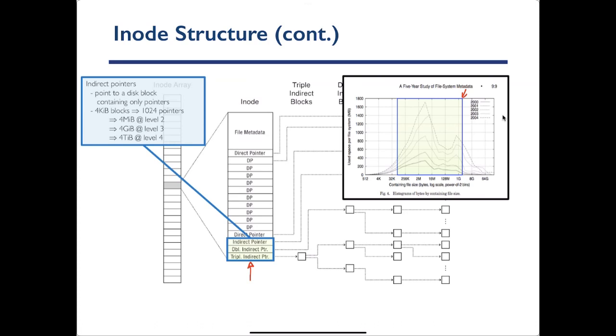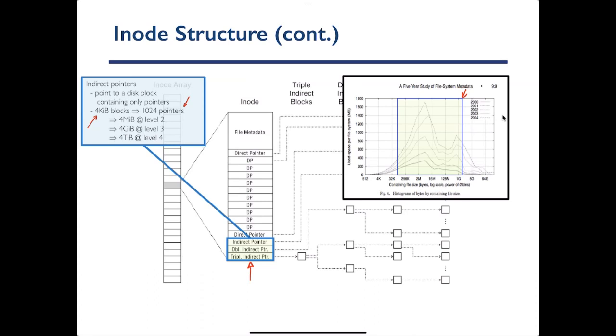Now, each block is 4 kilobytes. Assuming that each pointer is 4 bytes, a storage block of 4 kilobytes consists of 1,024 pointers.